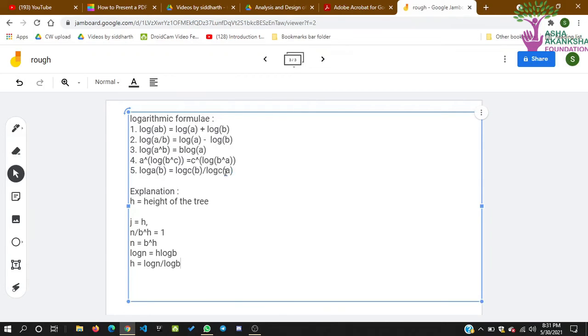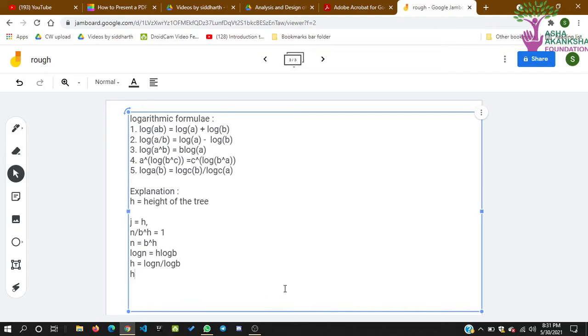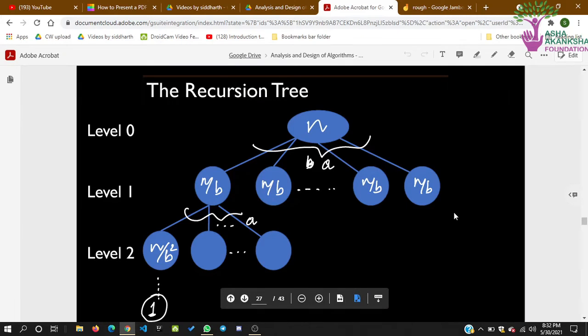Then I apply this formula, and then I get h is equal to log base b of n, and that is the number that is equal to h. H was the height of the tree, and height is roughly equal to the number of levels in the recursion tree. So that's why I have written this.